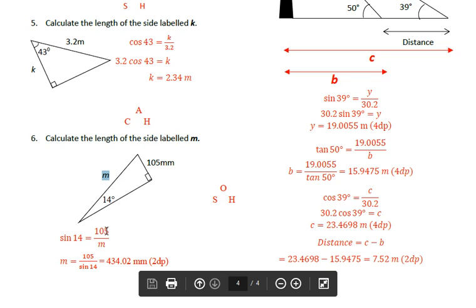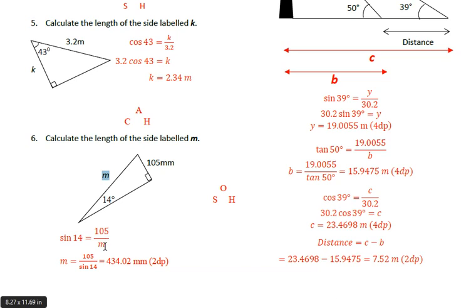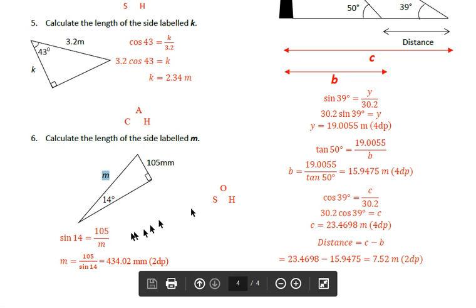O is our 105, and H is hypotenuse, our longest side, our m. So instead of H, we use m. Think of this here, it looks very much like this. So S-O-H.